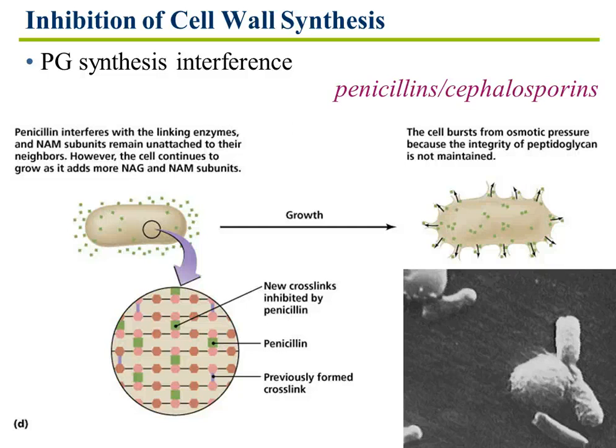So as the cell is trying to grow to get bigger, to divide into daughter cells, these small holes start out small, but then the holes get larger and larger as the cell is trying to increase in size, and it can't fill these holes with PG because of the damage done, and eventually these holes become large holes and the cell disrupts.